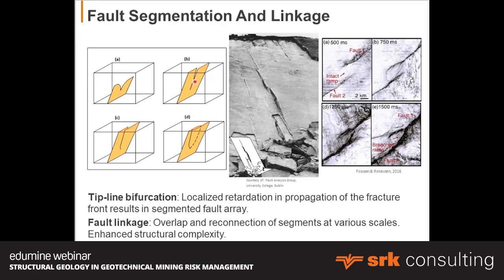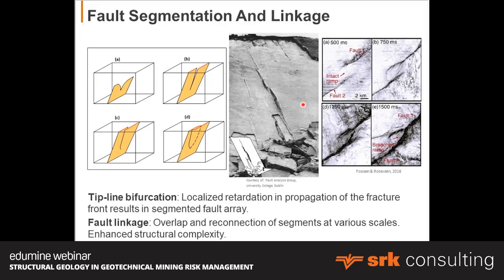And here in this image, you can see examples of different minor faults that are starting to propagate. There's small displacements there, and you can see that they're forming different segments. This one, however, is starting to overlap, and there's a linkage zone between these two segments. So as they extend and fracture, they overlap, and because of the stress concentrations between these segments, the fracturing starts to extend and connect between the two segments, right?